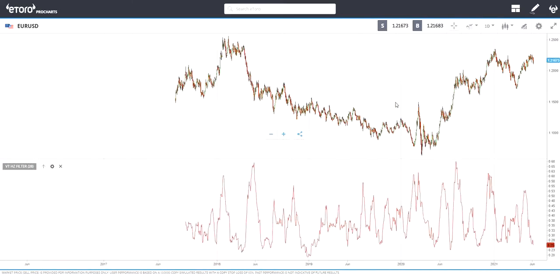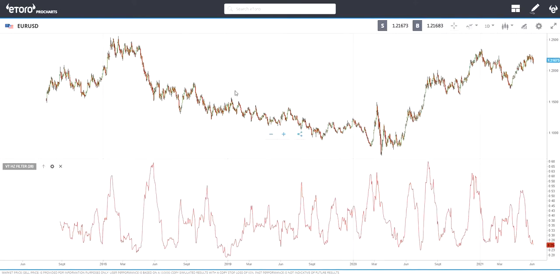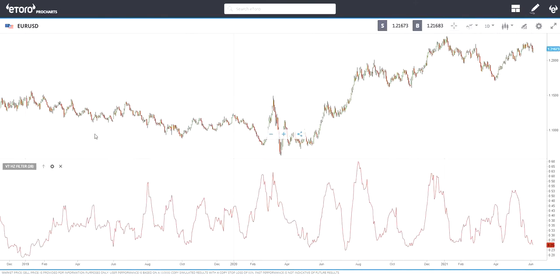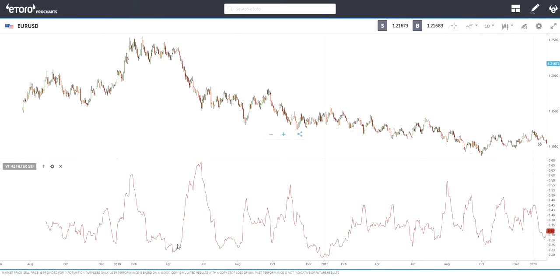So you can see here we have the rising in the indicator and we are in the downtrend anyways, but we are in a trending market. That's why the indicator is rising. Okay.